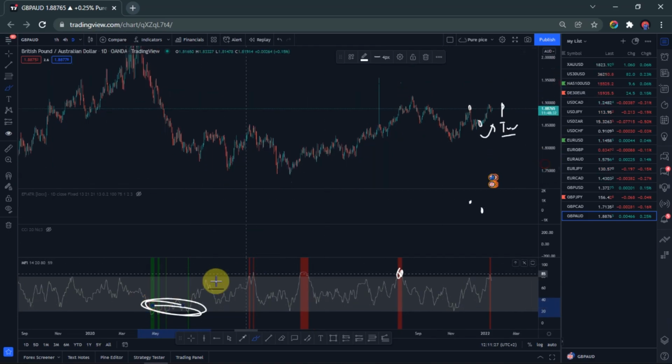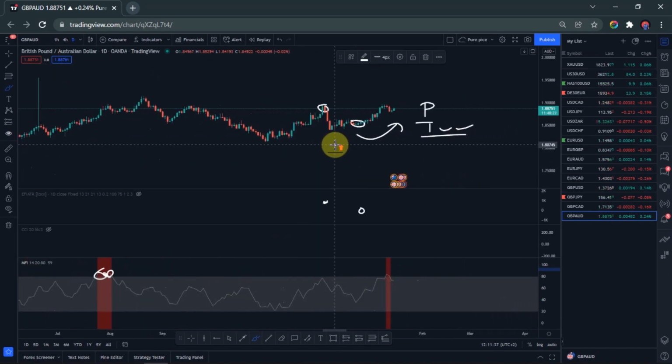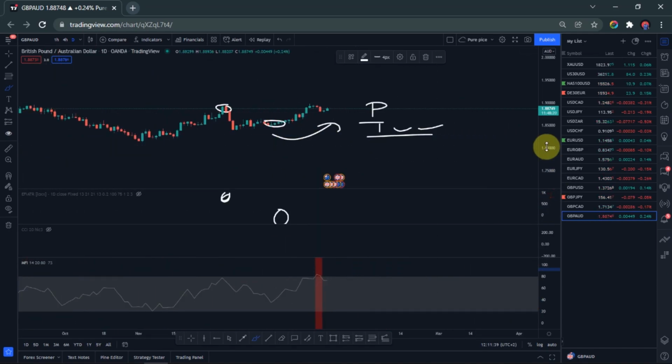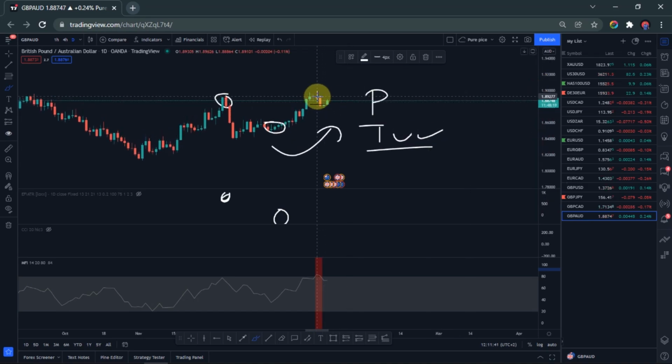When you see green bars, it means that price is oversold. If you see red bars, it shows you that price is overbought. So that's also what I consider. Currently, at this point in time, it tells me that this is an overbought price, so it might be likely that price is going to go down. I hope that is making sense.